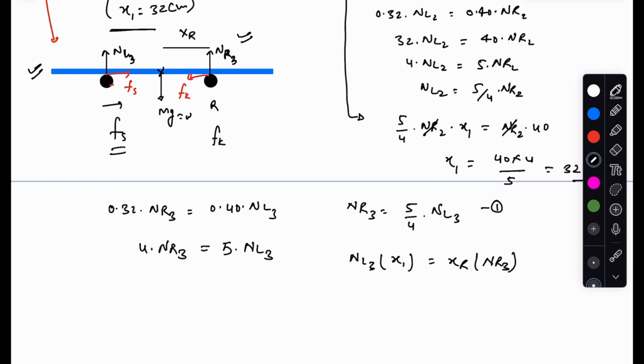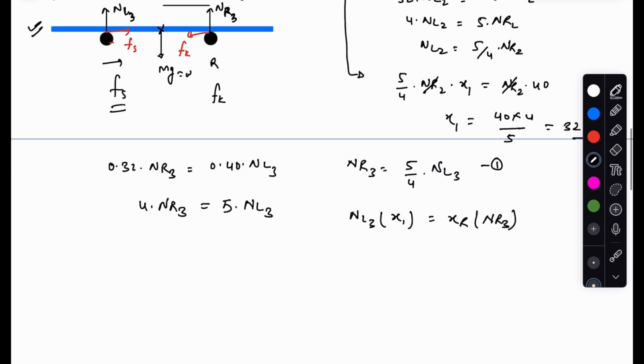Just place the values from here. So we got nl3 as nl3 only, x1 we got is 32 centimeter, is equal to xr that we need to find out in this question, and nr3 is 5 by 4 times of nl3. So this will be cancelled out.